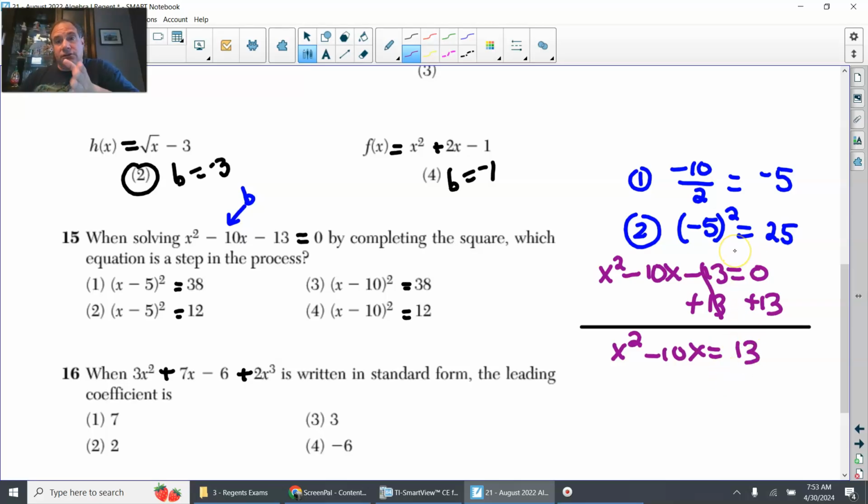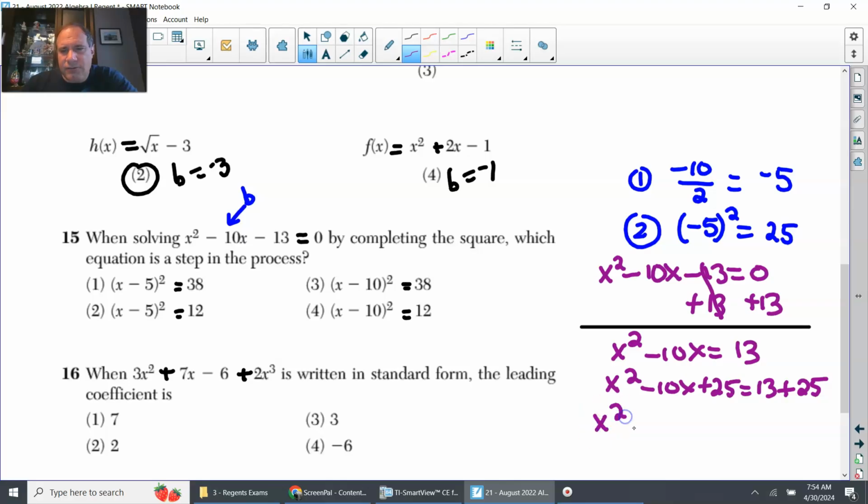So then you could take, okay, the b, which is -10, and divide it by 2. You get -5. Then you do -5 squared, and you get 25. So what this is that you're just going to x squared minus 10x, and you're going to add this number, which is 25, to both sides of the equation.